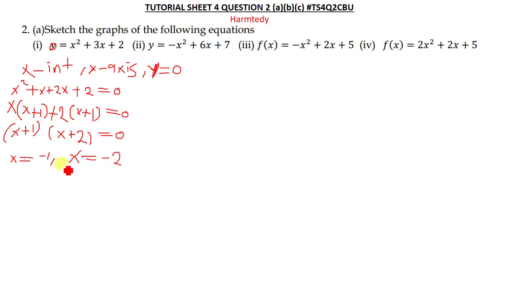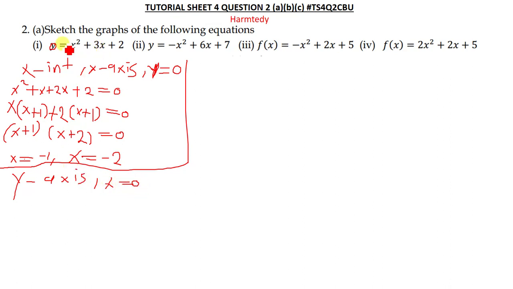These are the points at which the curve cuts the x-axis, which we call the x-intercepts. Let's also find the y-intercept. On the y-axis, the value of x is equal to 0.